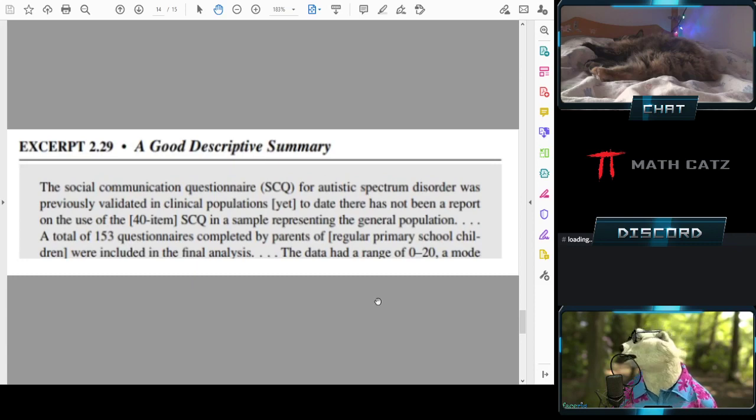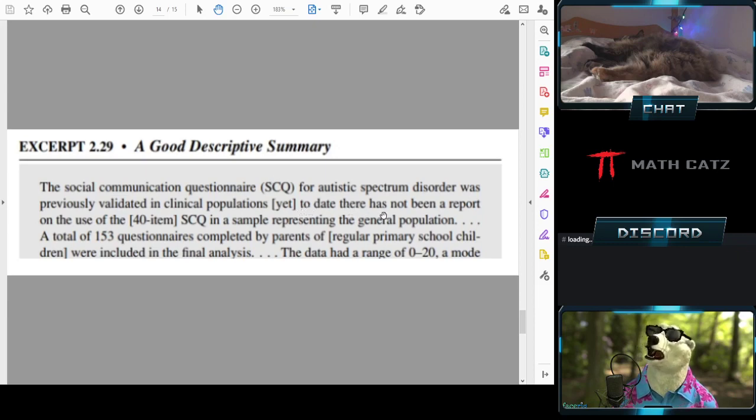It's good to see good descriptive summaries where all the information is there in a wordy summary, not necessarily a table. It's up to the author, but you always want that clarity. It's good to see how that sounds, how it reads. The Social Communication Questionnaire for autistic spectrum disorder was previously validated in clinical populations.